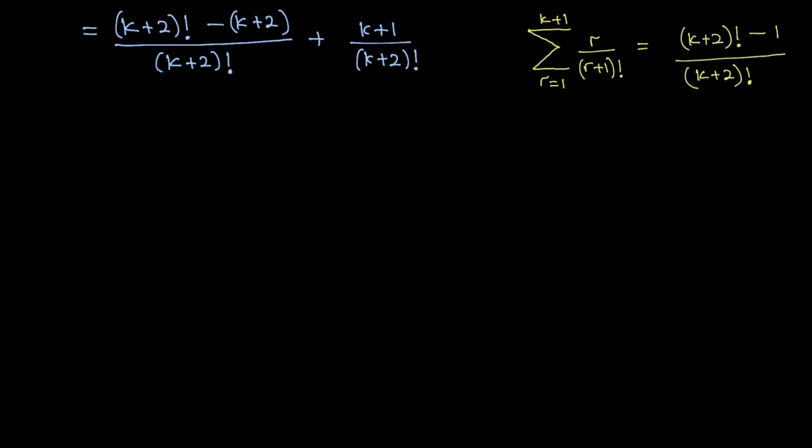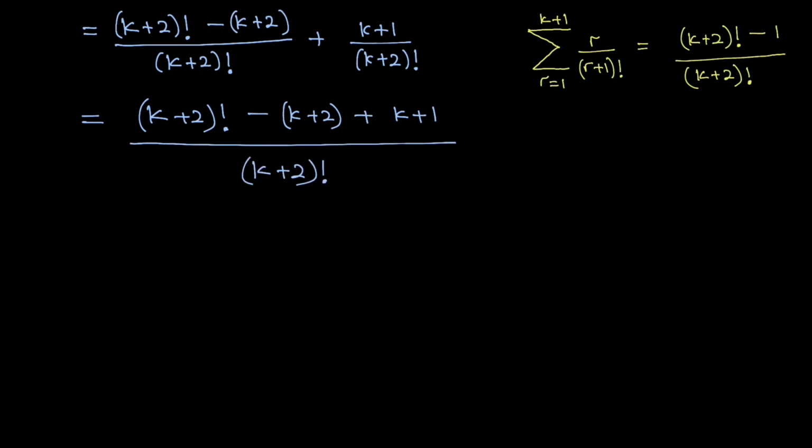So the next thing we need to do is keep them in a common denominator. So k plus 2 factorial minus (k plus 2) plus (k plus 1), over k plus 2 factorial, because they have this common denominator. So we just add the numerators. And now we need to open the bracket here and simplify the top.